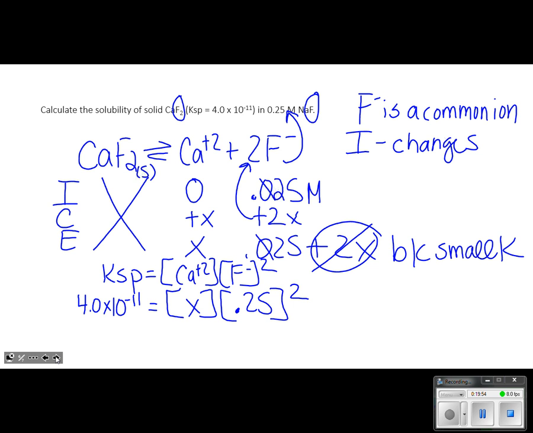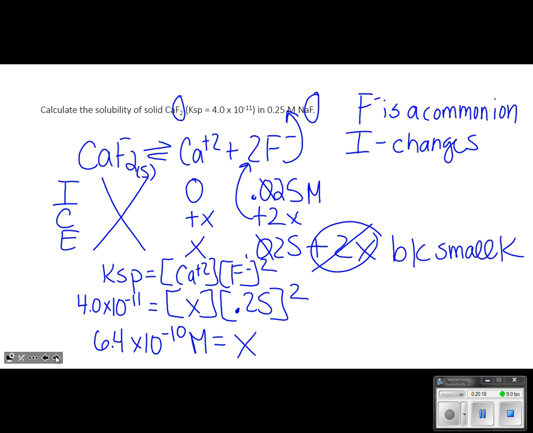Oh, I'm sorry, I typed in a wrong number. 4.0 second exponent negative 11 divided by 0.25 squared. That gives us 6.4 times 10 to the negative 10th molarity equals x.